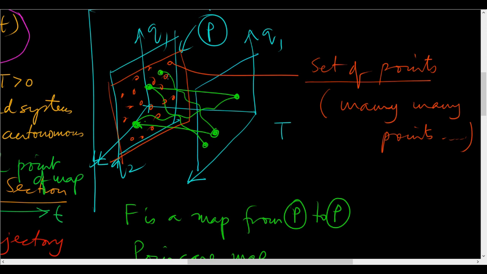Because actually there is an infinitely large number of points here now. If there was a periodic orbit, it would just be one point. But over here it seems like there is a very complicated structure.